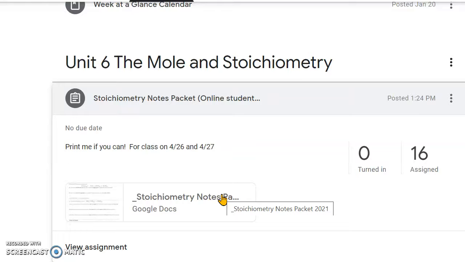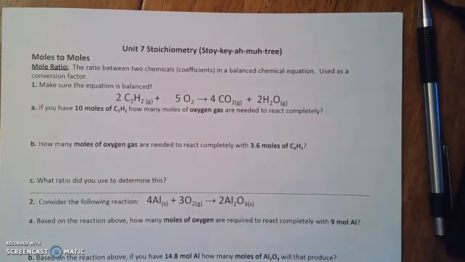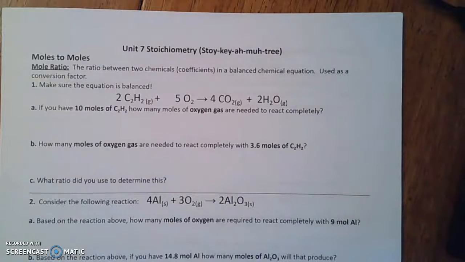So make sure that you either print that off or that you have that in front of you at this point. So let's go back to the notes. And again, you can pause it and go print that off and then put it back on when you're ready.